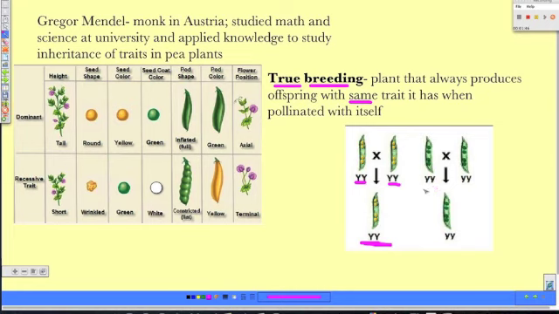The same thing with a recessive version of the gene. Recessive crossed with itself or with another recessive gives offspring that look just like the parent, always. True breeding always produces offspring with the same trait as the parent has. Notice these have to be homozygous, either dominant or recessive.